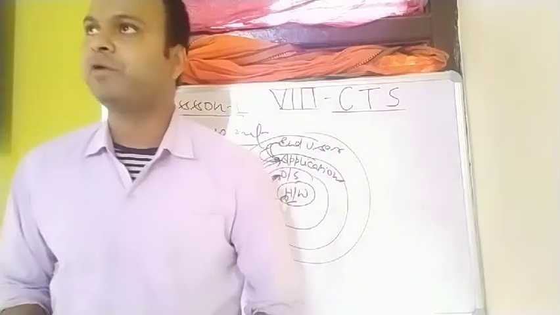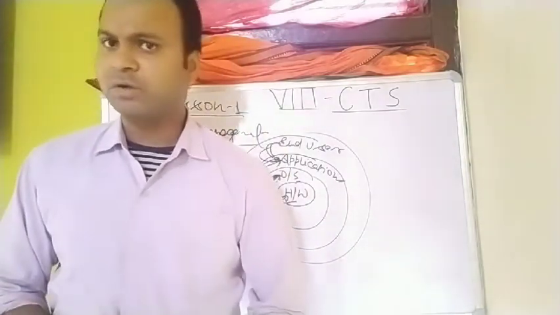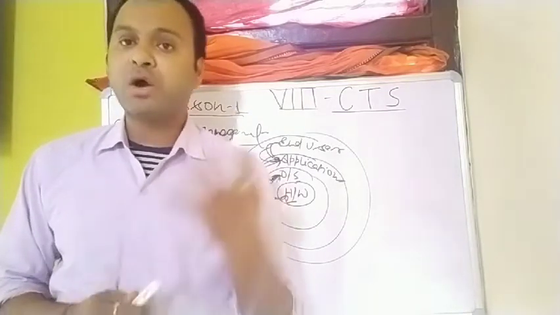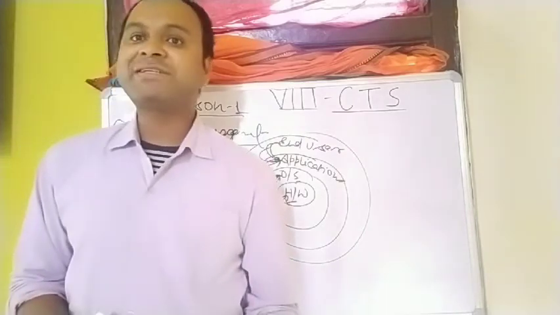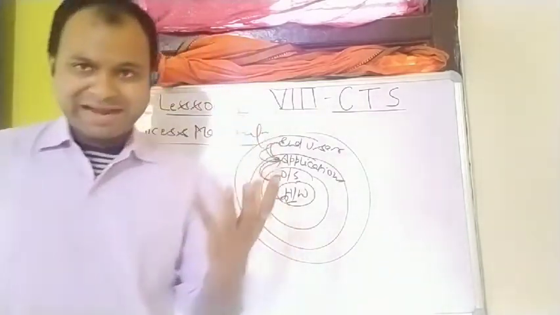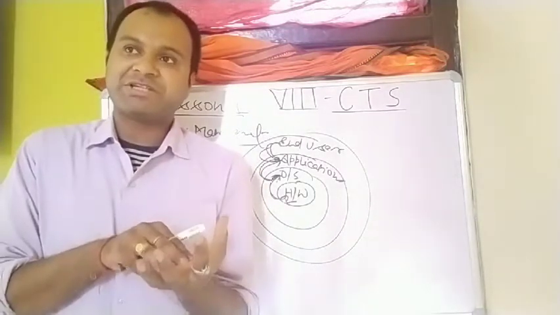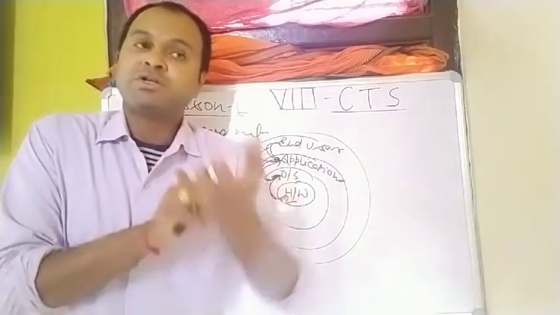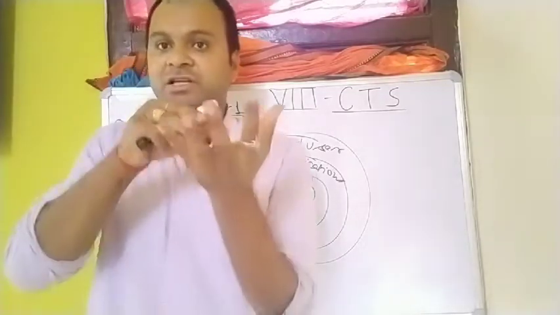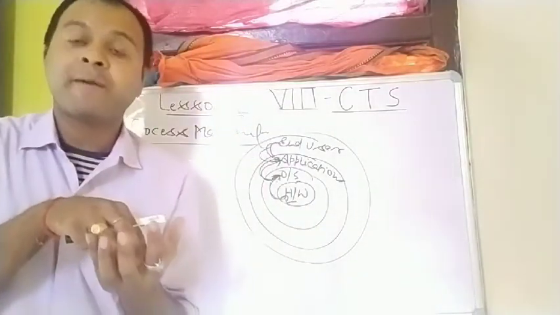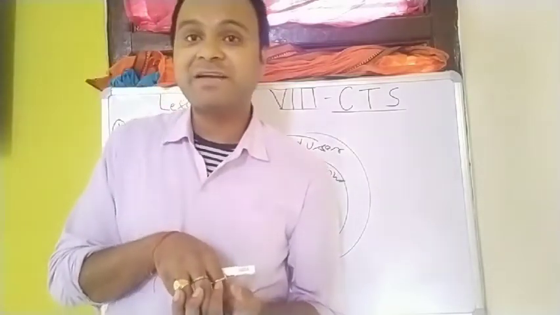Just take the example that we have opened one app, like a game app, on our computer. Now the operating system's role comes in. The operating system will manage the processing time, because when you open your application it takes some space, so it will manage your RAM and your cache memory, and it will give enough time to process the application that you have opened and on which you are currently working in real time.